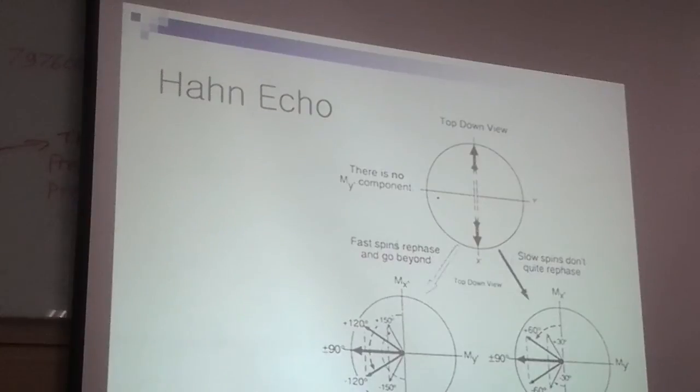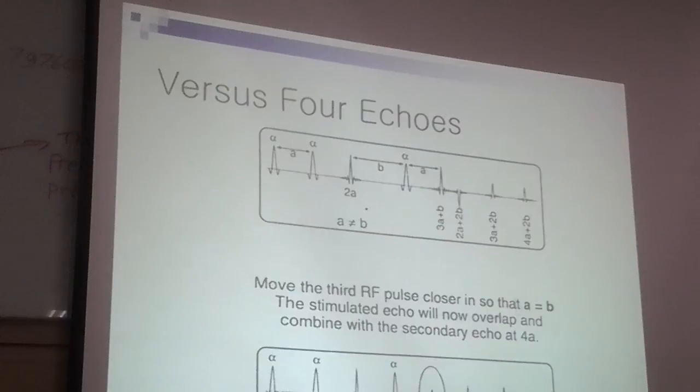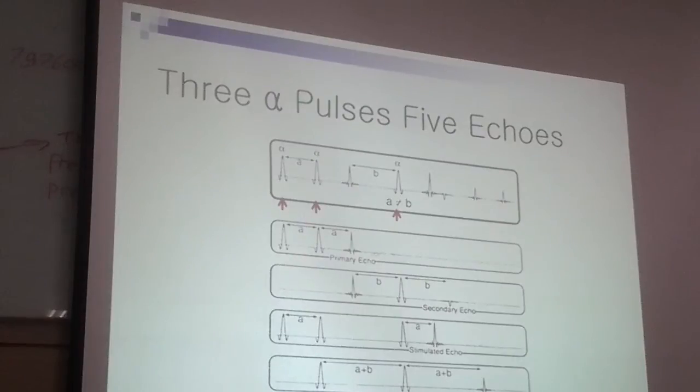But this figure shows that even though we do not use a 90-degree RF pulse, just a flip angle of alpha, the echo is generated here, and the timing is the same as the spin echo. The time interval between the first and second RF pulse is equal to the time interval between the second RF pulse and the echo peak. So now this echo is called a primary echo.